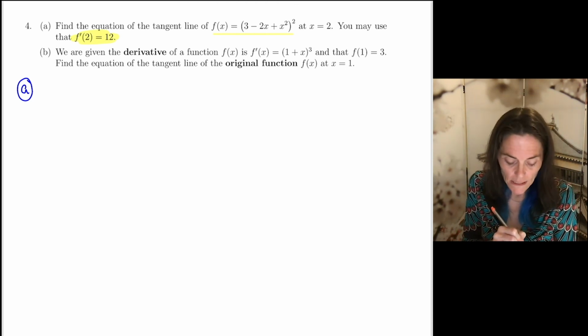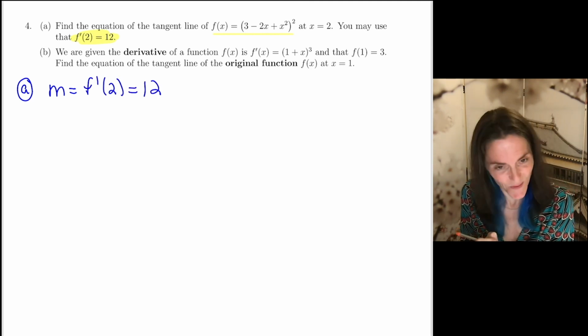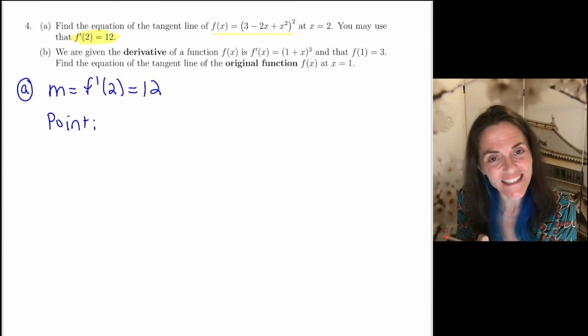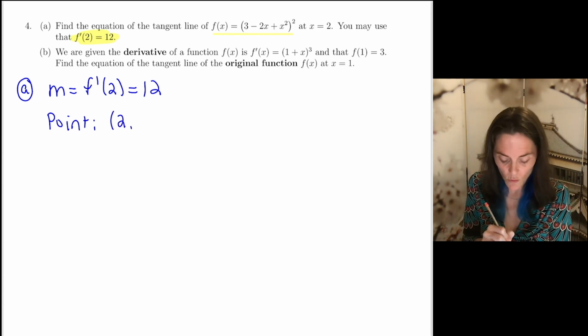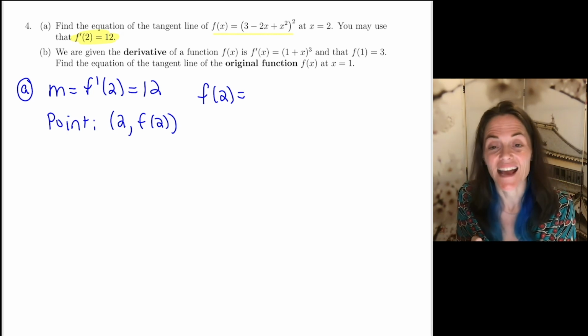First of all, we have a slope, which is the derivative evaluated at 2, and we're given this is 12. And then we have a point. Anytime you have a slope and a point, you can write down the equation of a line. The point will be 2 comma f of 2, and so I need to evaluate the function at 2.